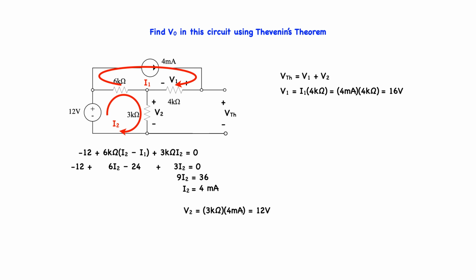So the voltage drop across the 6K ohm resistor is 0, meaning V2 is definitely going to equal the same voltage as the power supply, 12 volts. Finally, we can solve the equation for VTH, which is 16 volts plus 12 volts, which is 28 volts.